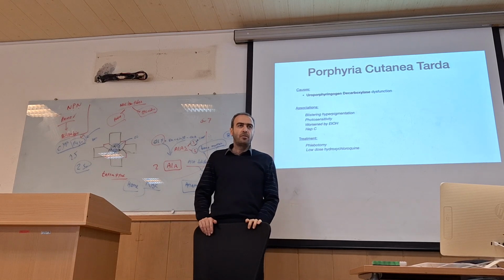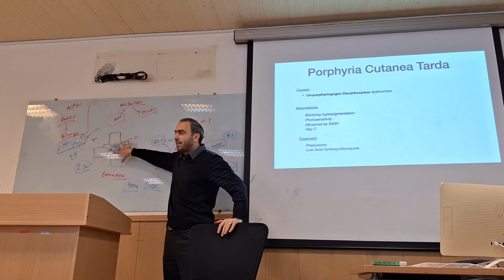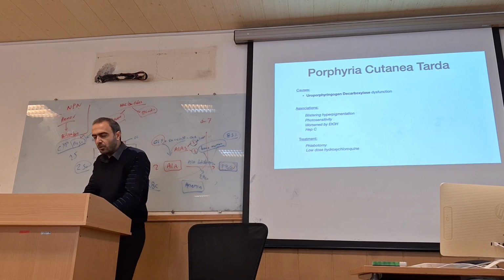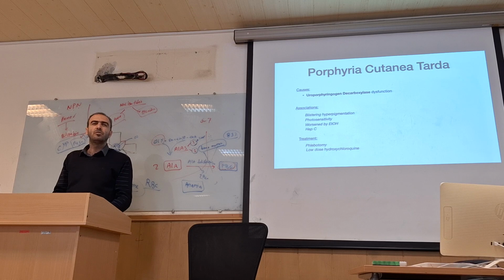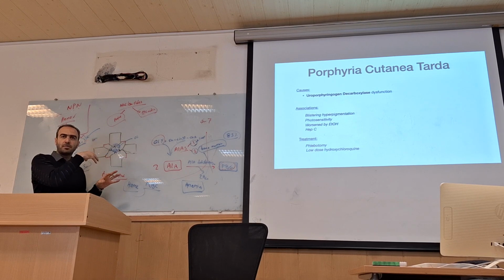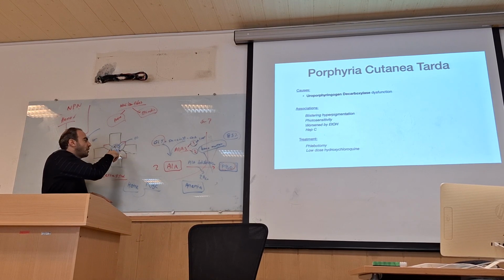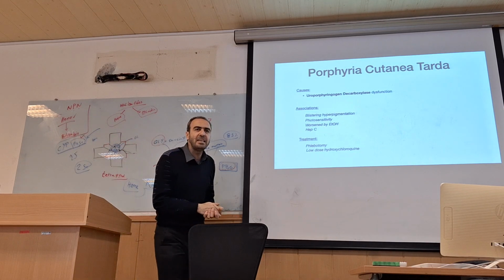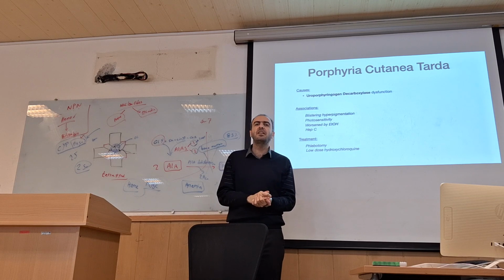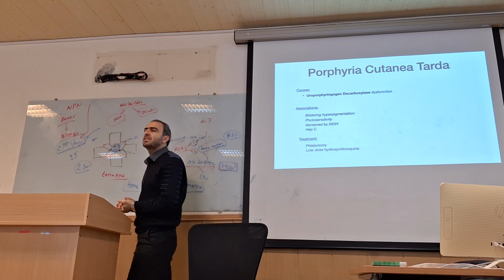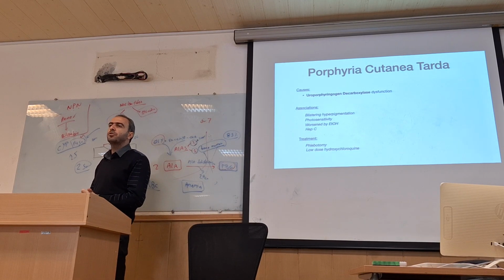Most of the porphyrias, because the structure is a tetrapyrrole, are so difficult to excrete from our body. When light, especially in the skin, reaches this molecule, it leads to destruction of the molecule and creates pain. So they are photosensitive.